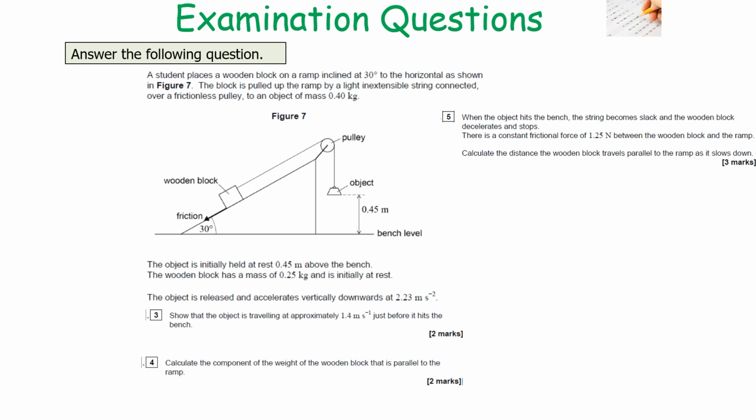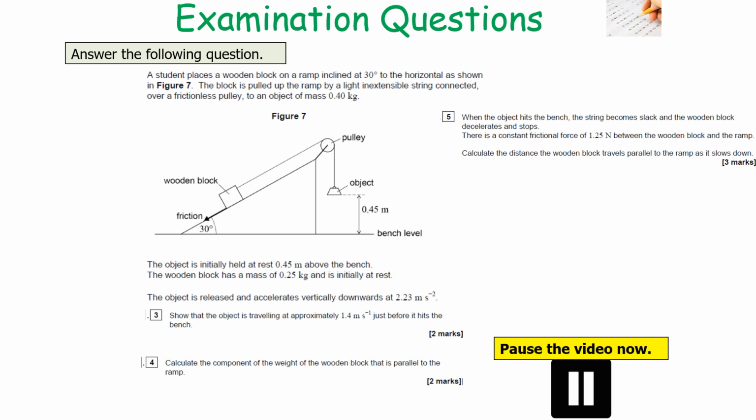Calculate the component of the weight of the wooden block that's parallel to the ramp. Then when the object hits the bench, the string becomes slack and the wooden block decelerates and stops. There's a constant frictional force of 1.25 newtons between the wooden block and the ramp. Calculate the distance the wooden block travels parallel to the ramp as it slows down. So pause your video now, then unpause the video when you want to go through your answer.